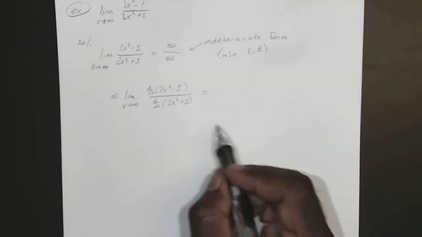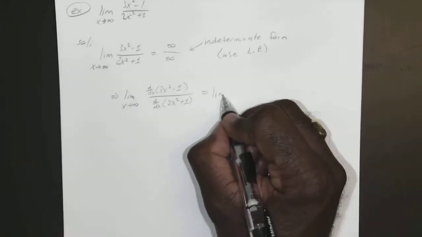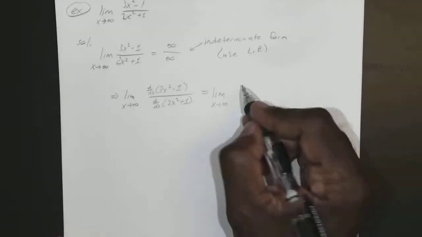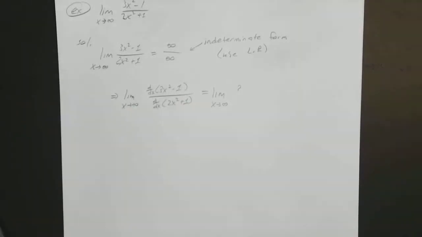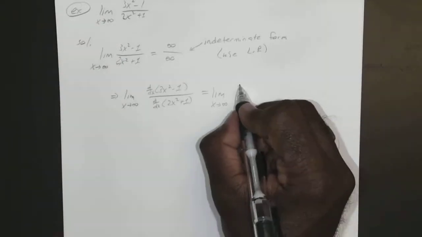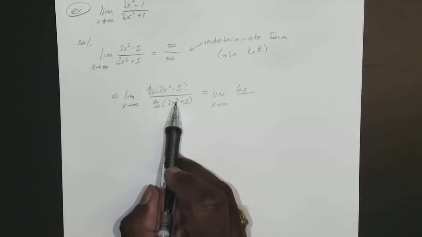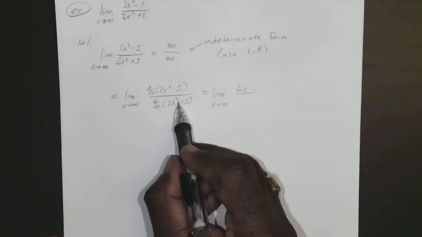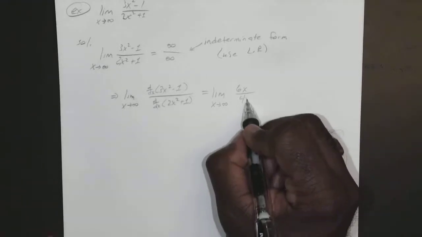Okay, which will equal the limit as x approaches infinity. Bring down our 2 here. We have 6x over, bring down our 2. Well, that just becomes 0, the derivative of 1. Bring down our 2 here, so we have 4x.